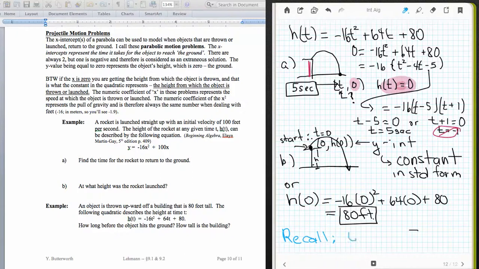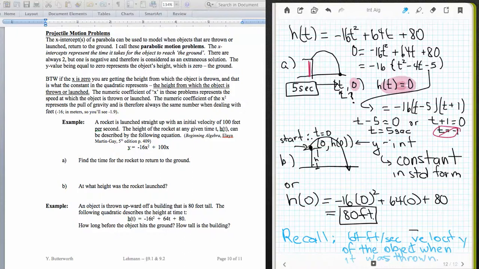So 64 feet per second is the velocity of the object when it was thrown. So that's how fast it was initially thrown off the building.